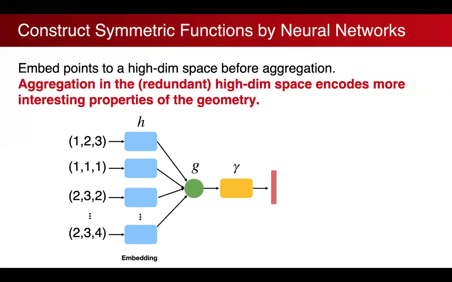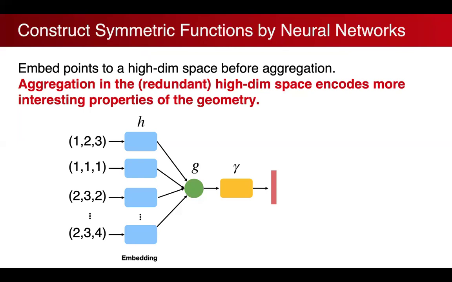The more sophisticated way to exploit this permutation invariance within a neural network is to embed the points in a high-dimensional space before the aggregation. So we embed the elements with some embedding function into a high-dimensional space that encodes other interesting properties of the object. Learning this embedding function is an important characteristic of the neural network that's particular to machine learning.